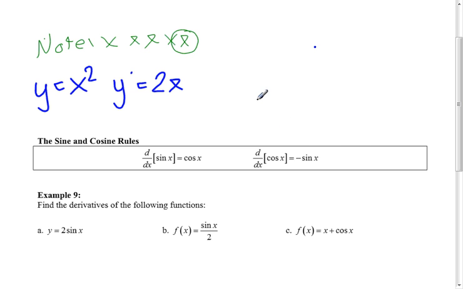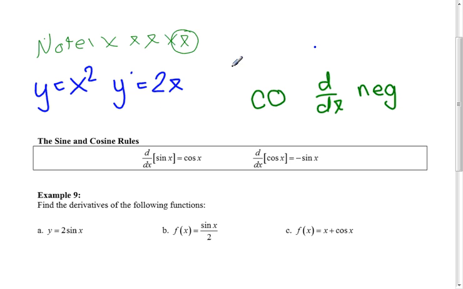Anything that starts with co: cosine, cosecant, cotangent, inverse cosine, inverse cotangent, inverse cosecant, any of them, when you take the derivative, remember this is our verb, it's going to always be negative when we have a co in the front with our trig functions.